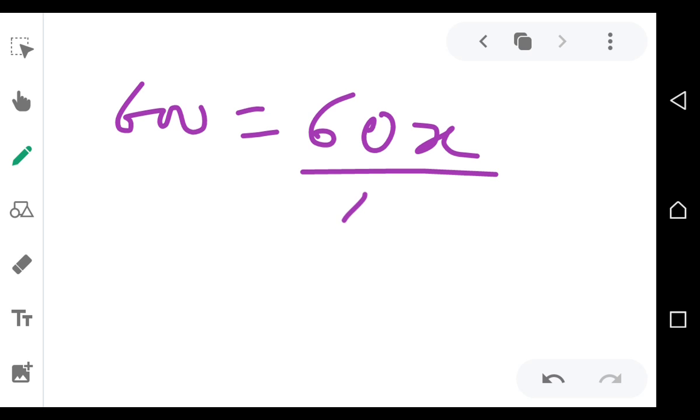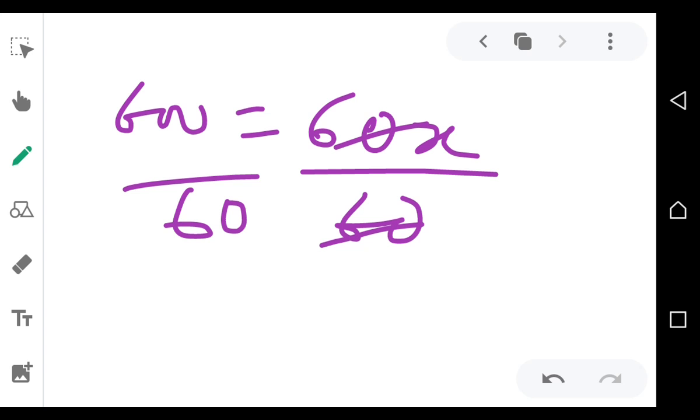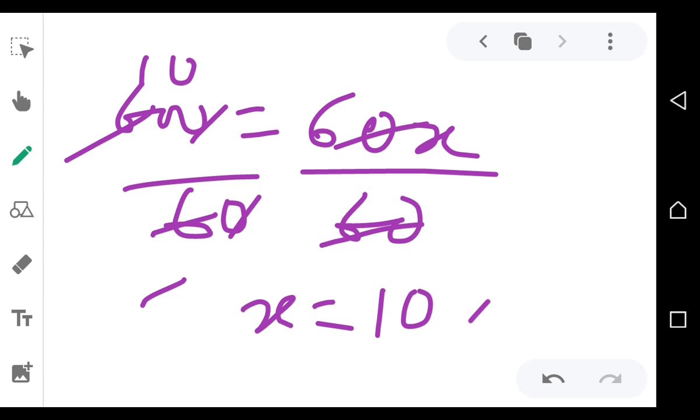We're finding x. You divide by 60 on both sides, that cancels out, 60 into 600 is 10. So x is equal to 10. It means the weight of the rule is 10 newtons.